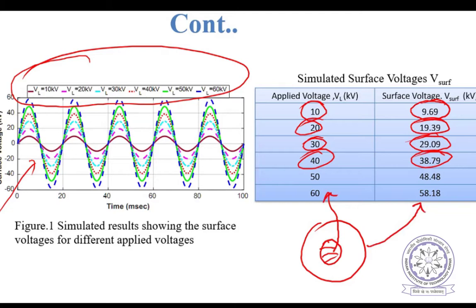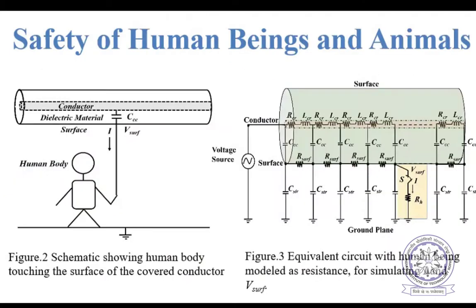So this confuses the industry or vendors. Then what is the effect when someone touches the surface? That is also simulated here. This is a human body, and of course the resistance of the human body depends on the individual.